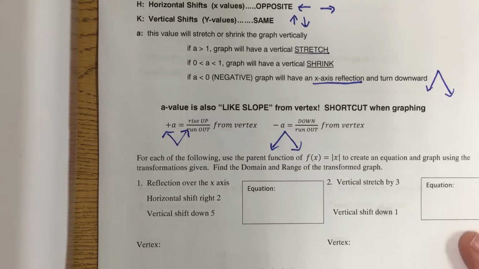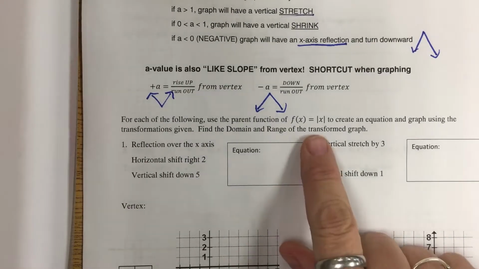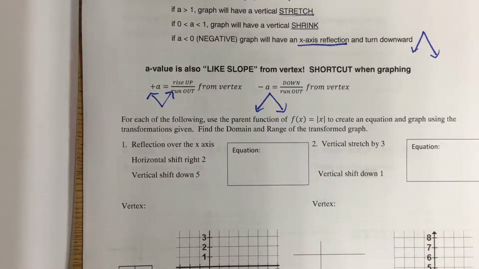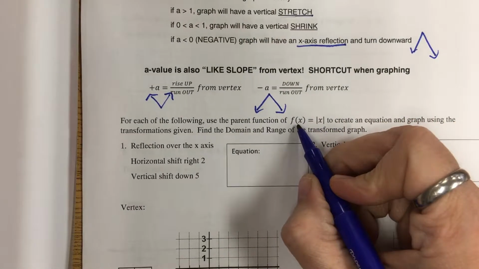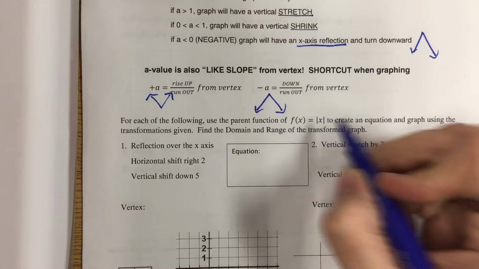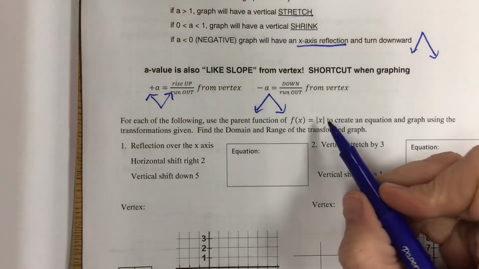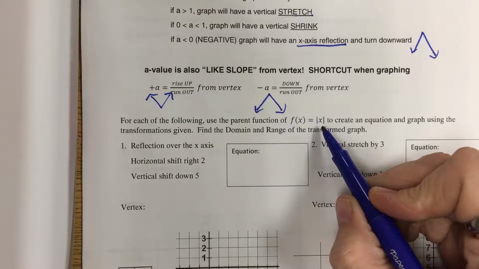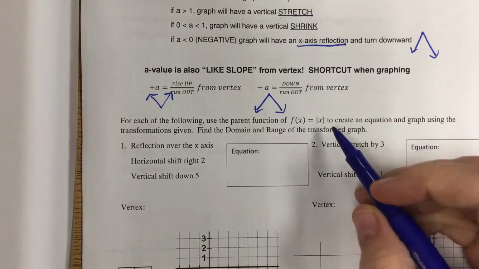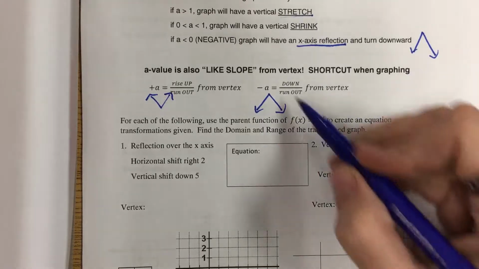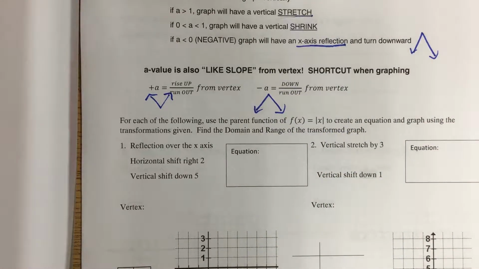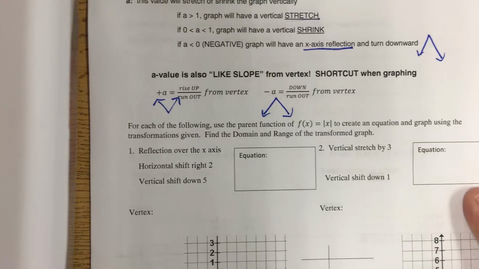Okay, so we're going to look down at this. This right here is the parent function, just like we talked about a couple of class times ago. It goes through the origin of 0, 0, and it has a slope of 1 on the right-hand side, and on the left-hand side has a slope of negative 1.